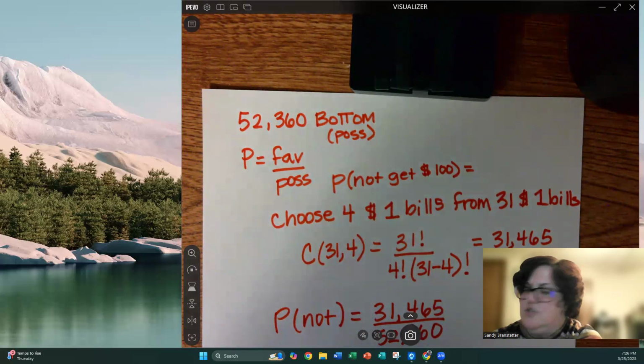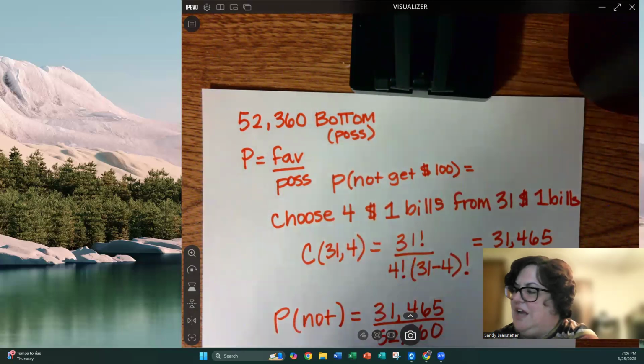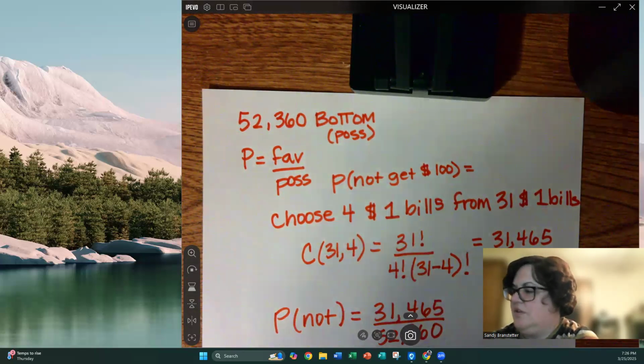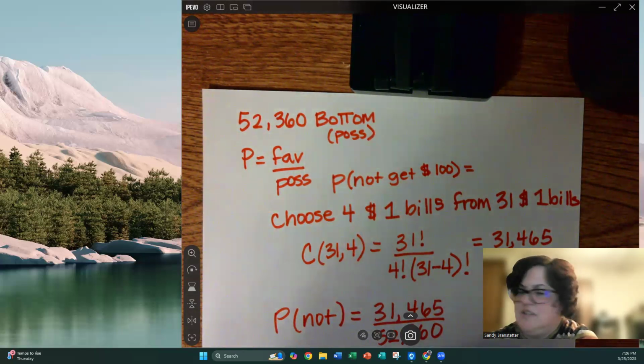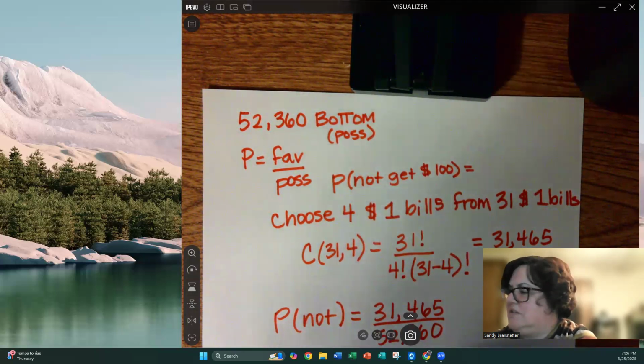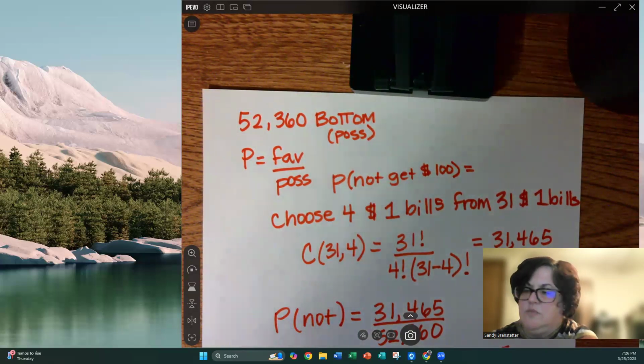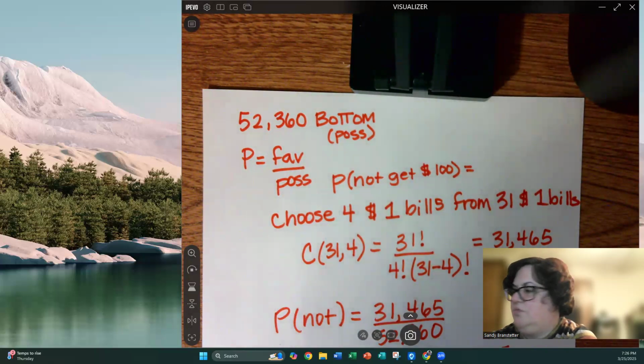So if we want to do our 1 minus now, the probability of getting at least one $100 bill is going to be the same as if we take 1 minus this fraction that we just created. And again, I'm just going to write down the answer. You should be able to do this on your calculator.